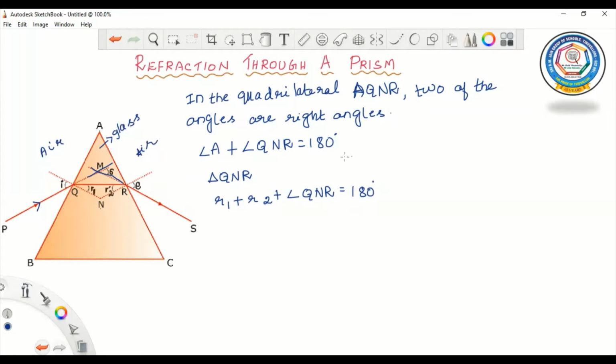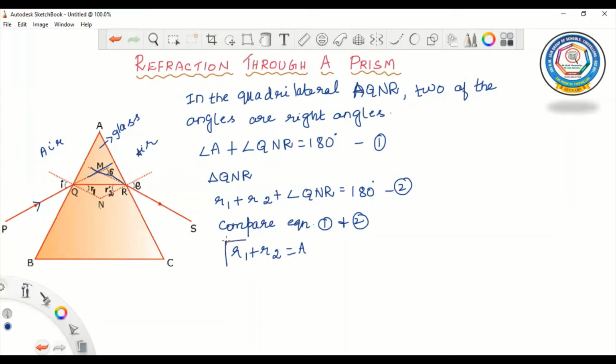So now let us compare these two equations. Here you have angle QNR, 180 degrees, 180 degrees. Comparing equations 1 and 2, what is R1 plus R2? R1 plus R2 is equal to A.